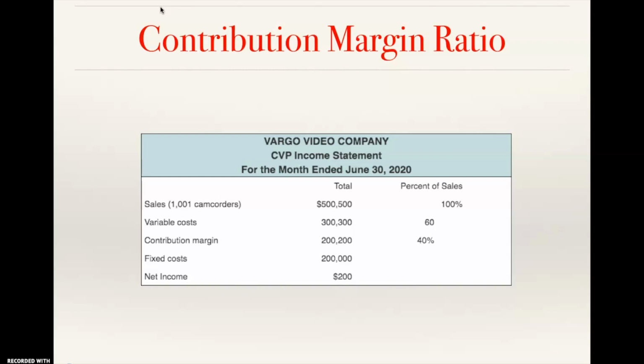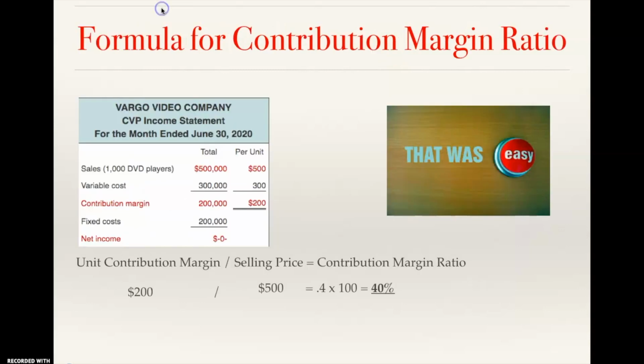Sales has to always add up to 100%, so then variable cost would be 60%. The contribution margin ratio can be determined by dividing the unit contribution margin by the unit selling price. So you can also do unit contribution margin of $200 divided by selling price of $500 to get 0.4, which converts to 40%.